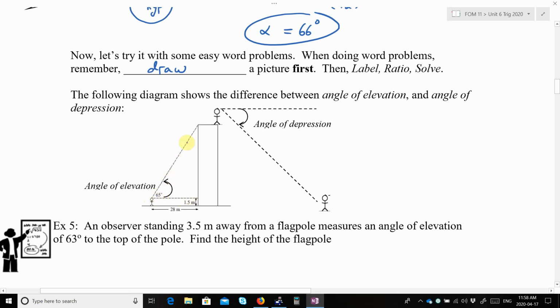So this person is looking to the top of the building, and so the angle of elevation is how much you look up, basically. And the angle of depression is shown there in the diagram. It's the angle that goes down from your straight line of sight to look down at something on the ground.